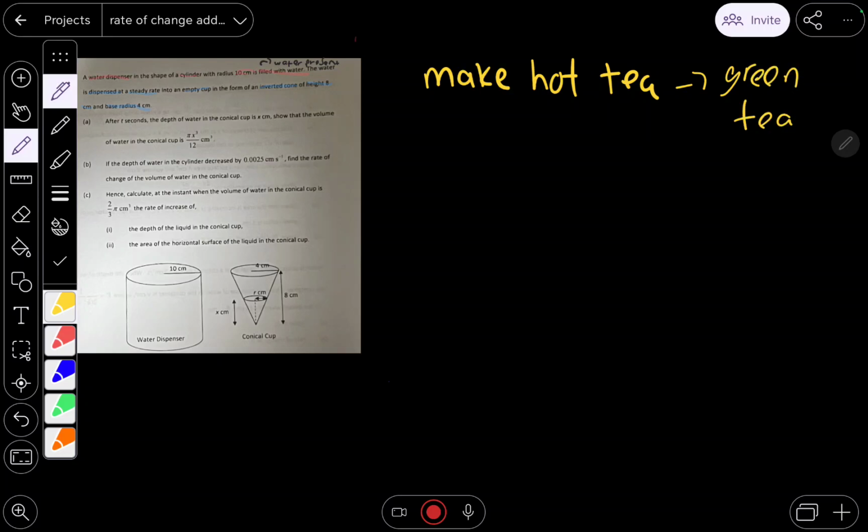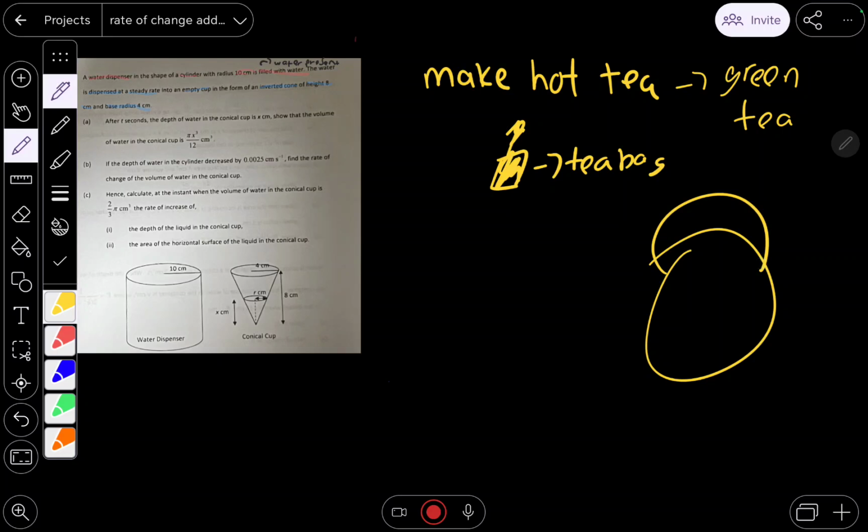When you want to make hot tea, before making green tea, you will need maybe your tea bag, like this thing here. And then you'll need a kettle. I'll just draw the kettle and then there's a ring on top. Yep, that's my kettle. And then I have my cup.